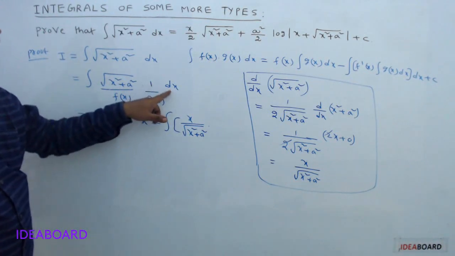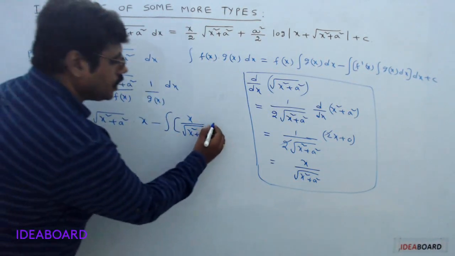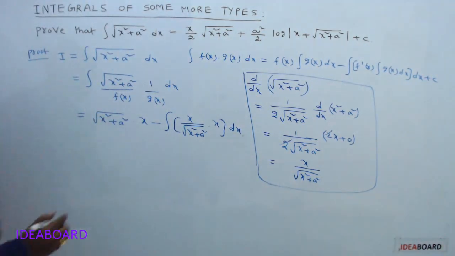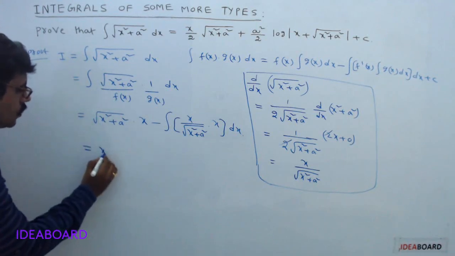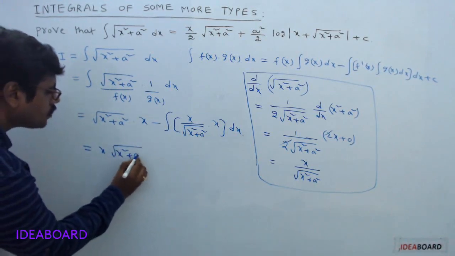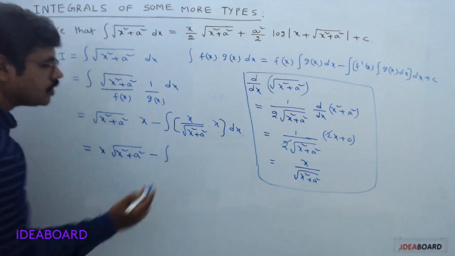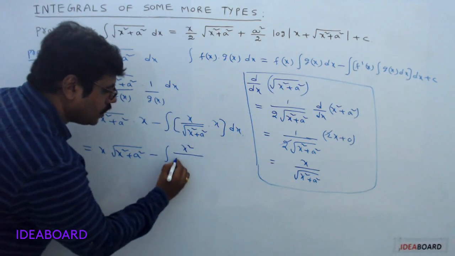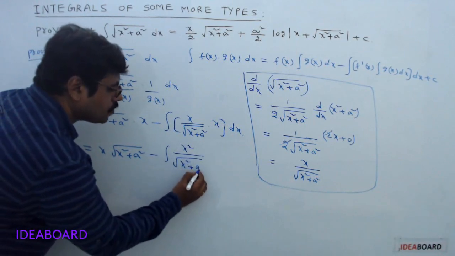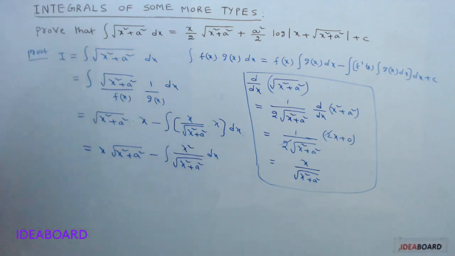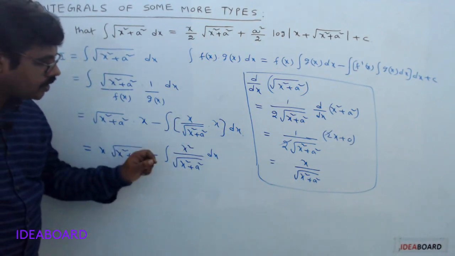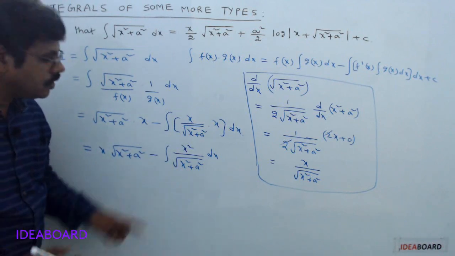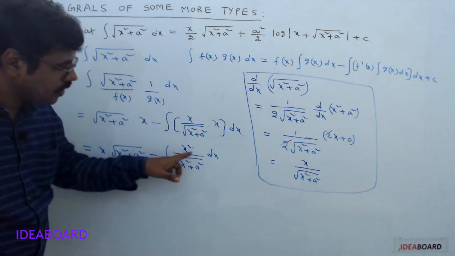Integral 1 dx is x into dx. Now simplify this one. It is x into root of x square plus a square, minus integral of x into x square divided by root of x square plus a square dx. Here I want x square plus a square in the numerator. How will I get x square plus a square in the numerator?